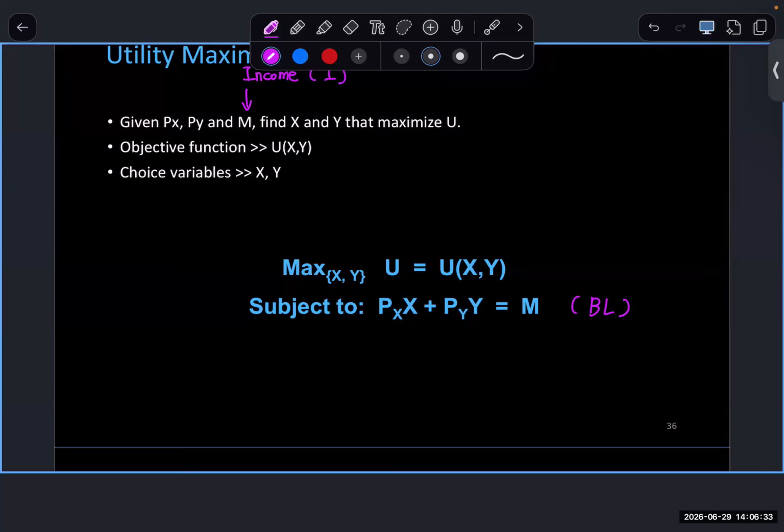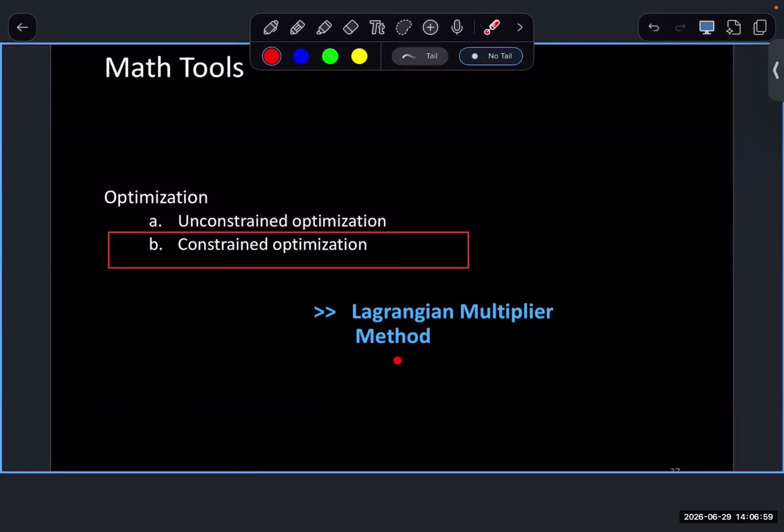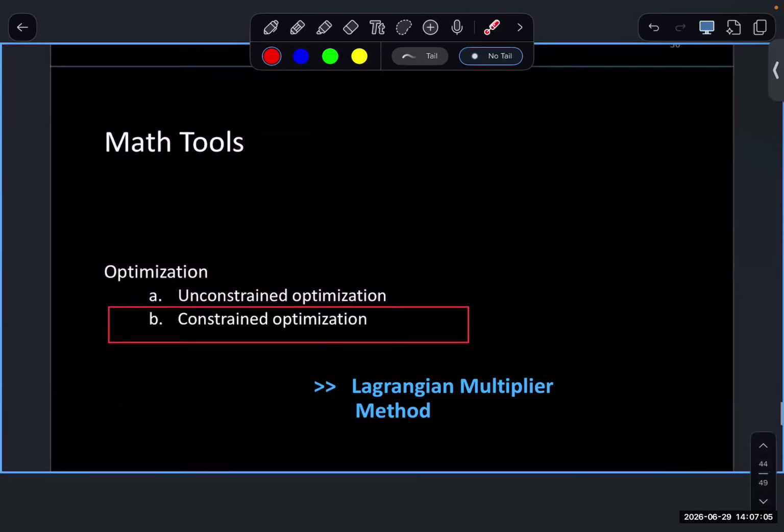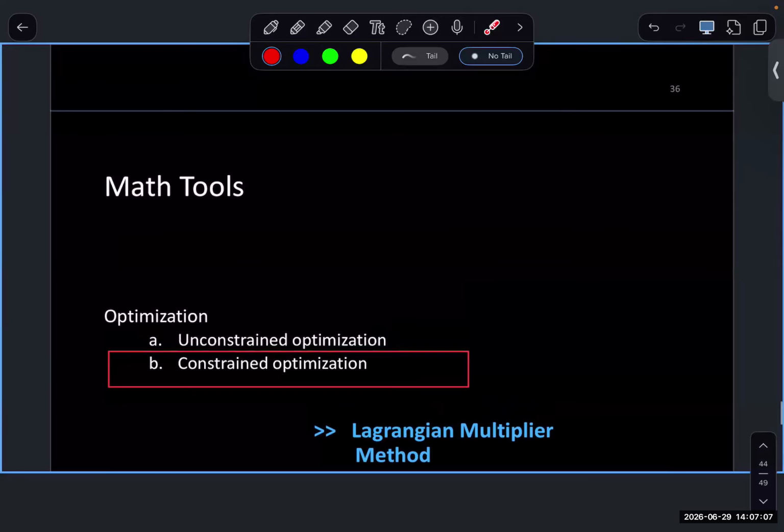Here, because we have a budget line constraint, which is a constrained optimization, we need the Lagrangian multiplier method. Have you heard about this one? You must have learned it from mathematics, right? Yes, okay, which is good. So here, I just help you recall it.